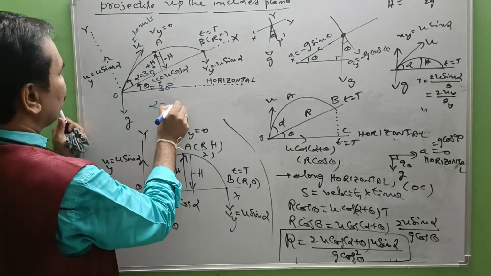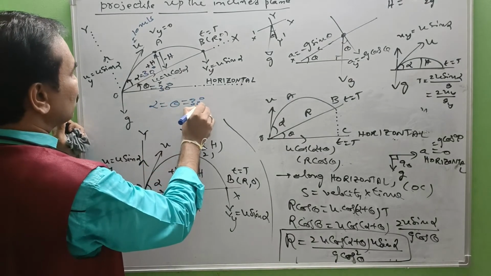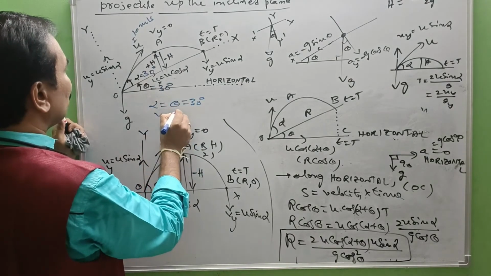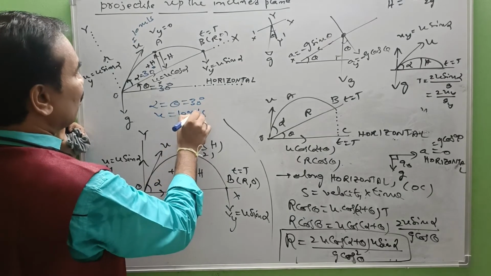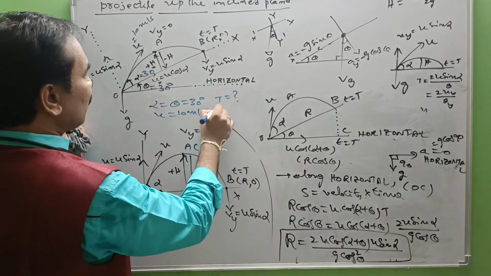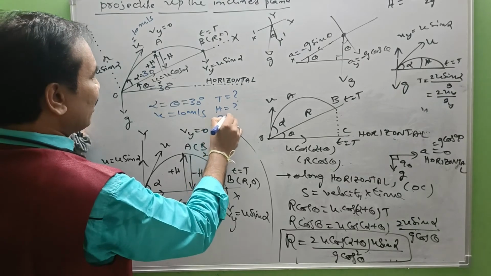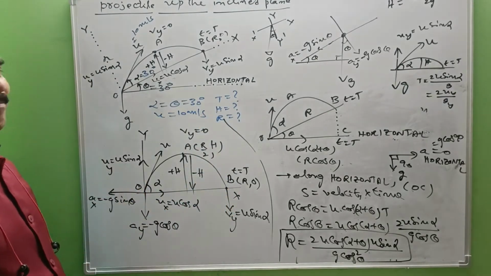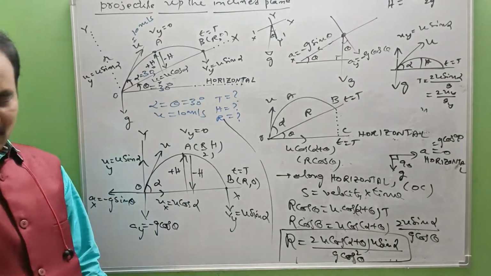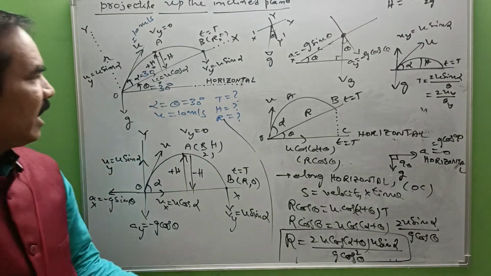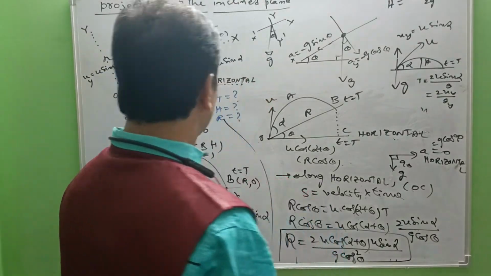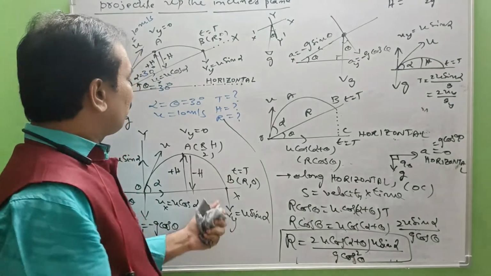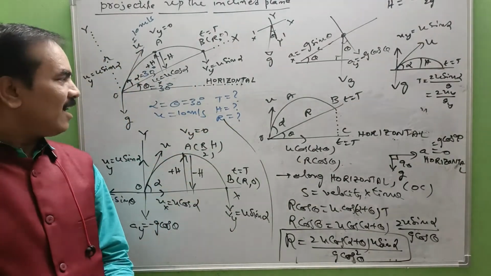Alpha equals theta equals 30 degrees, U equals 10 meters per second. Find time of flight, maximum height and range. How to find? Already we have expressions for time of flight, maximum height and range.